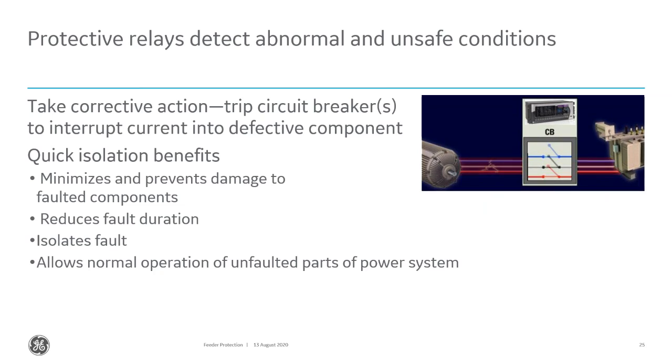So our goal is to minimize and prevent damage to the faulted equipment, isolate that fault, reduce the fault duration, clear it as soon as possible, and allow the non-faulted parts, the normal parts of the power system, to continue operating.